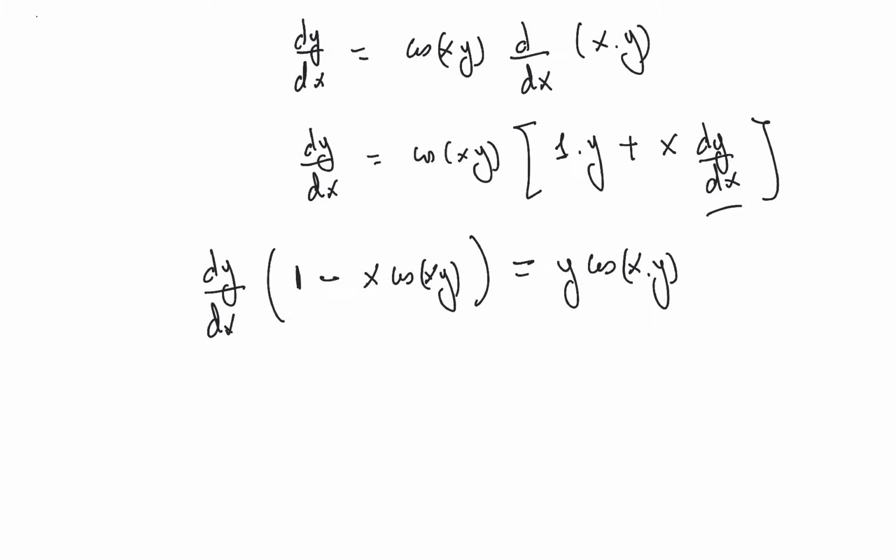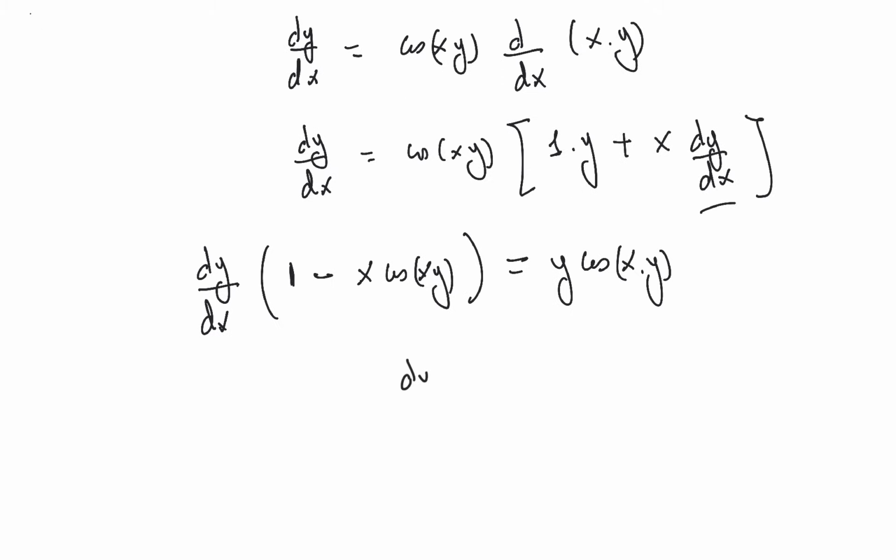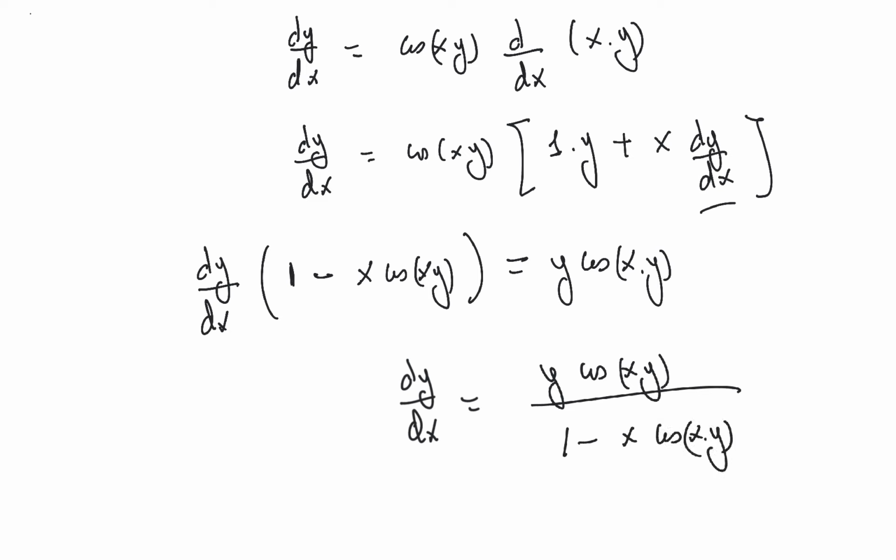So I'm done. The derivative of y with respect to x is y cosine of xy over 1 minus x cosine of xy. You plug in any numbers x, y and you will find the slope at this point.